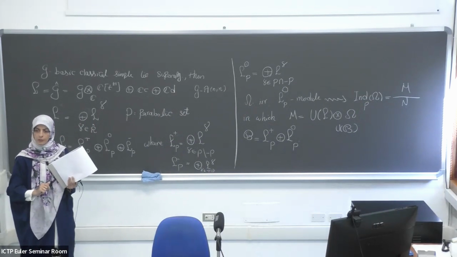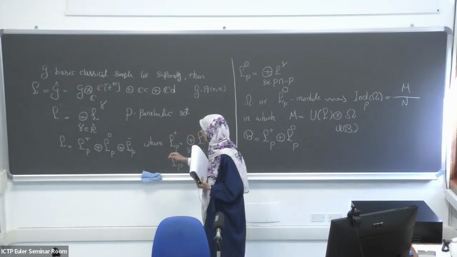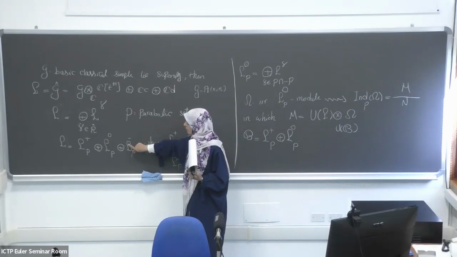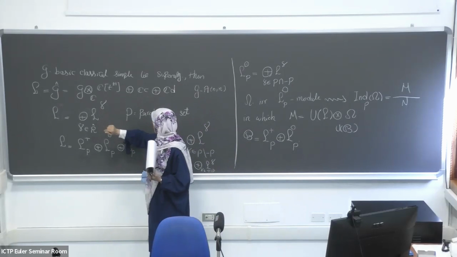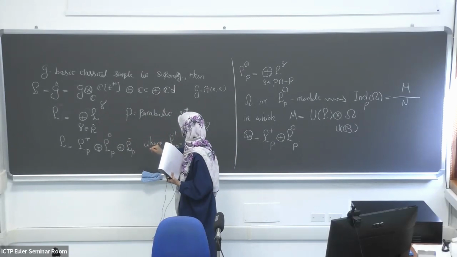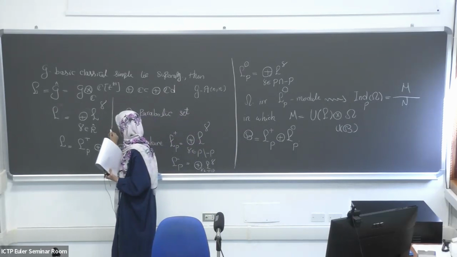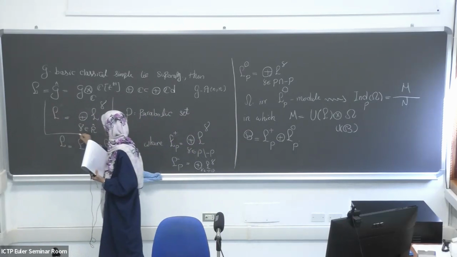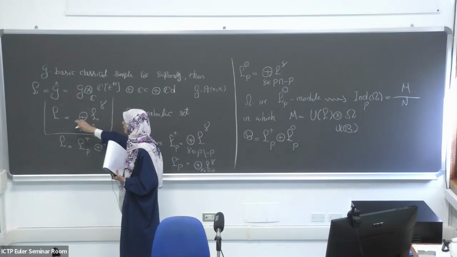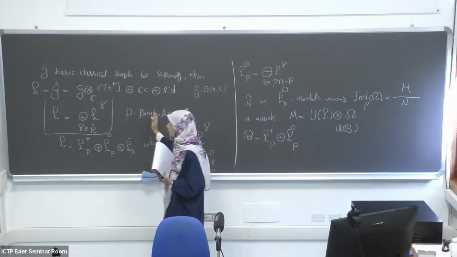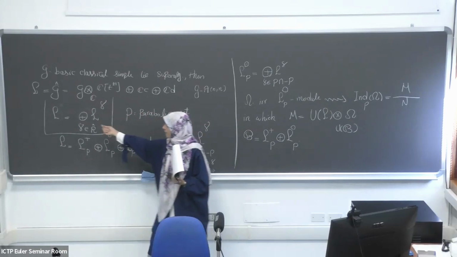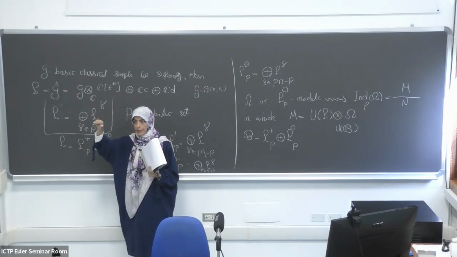So the first thing that you pick on the decomposition, the first one. Okay. This is when you have parabolic partition. What was the difference in the decomposition when we have parabolic partition and parabolic set? You know, this is not something related to the parabolic set or partition. We have this decomposition just because of the structure.